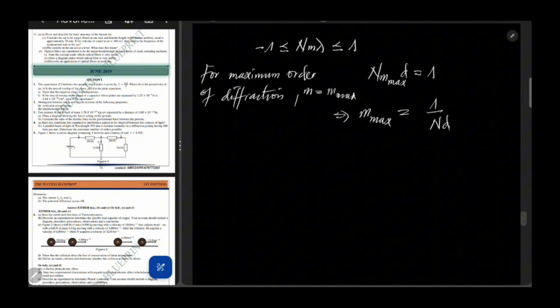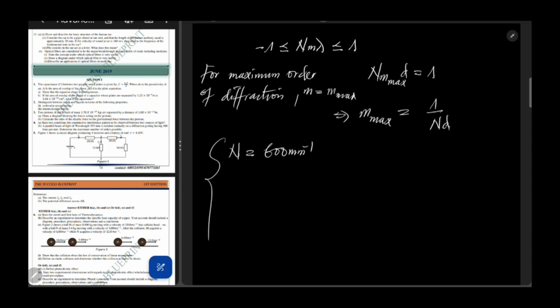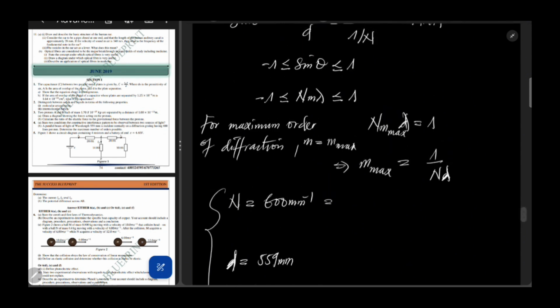Now, what are the parameters given to us? We are given n to be equals to 600 lines per millimeter, and we are given lambda, sorry, to be equals to 559 millimeters. Now, let's convert these values to meters.